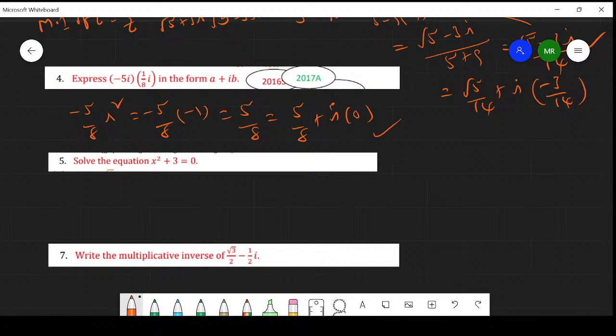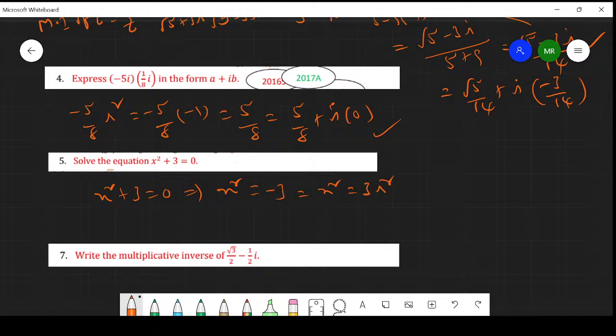When I am solving the equation x square plus 3 equal to 0, you observe this one. I have taken x square plus 3 equal to 0. So I can write x square is equal to minus 3. When I write x square equal to minus 3, this means 3i square. Why?